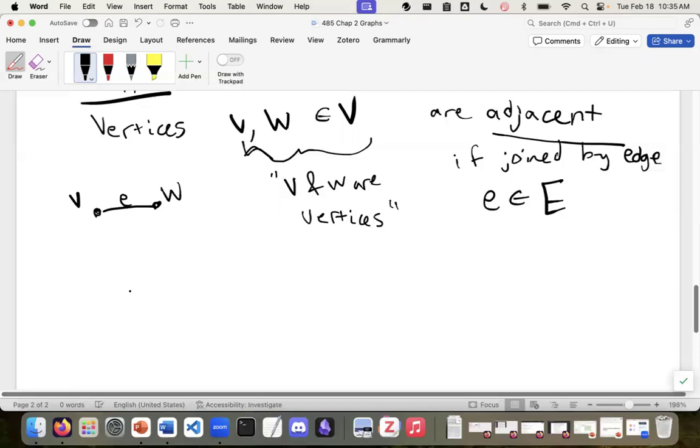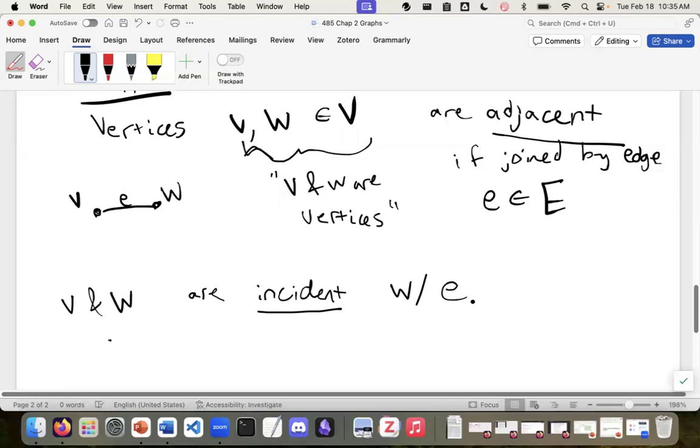Then to kind of flip it around so we can talk about e for a second. So we say V and W are incident with e. So V and W are adjacent, and then to talk about it in terms of e, they're incident with e.